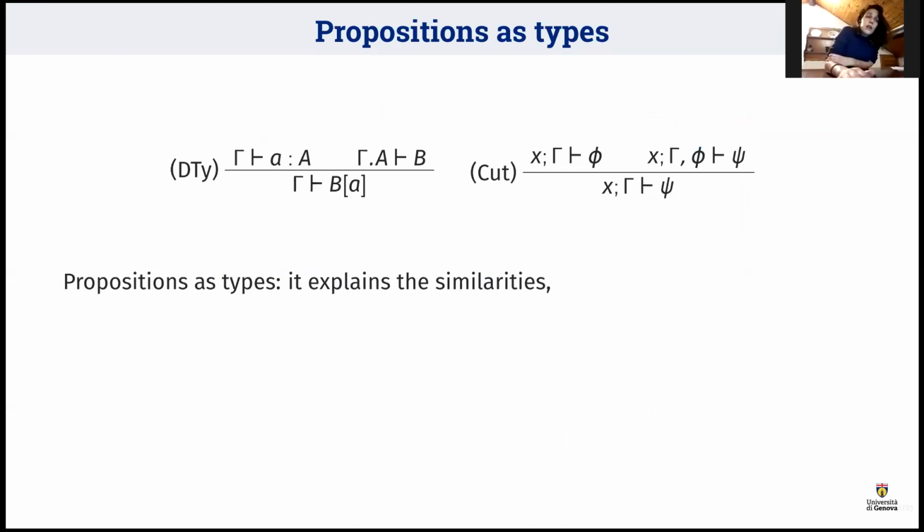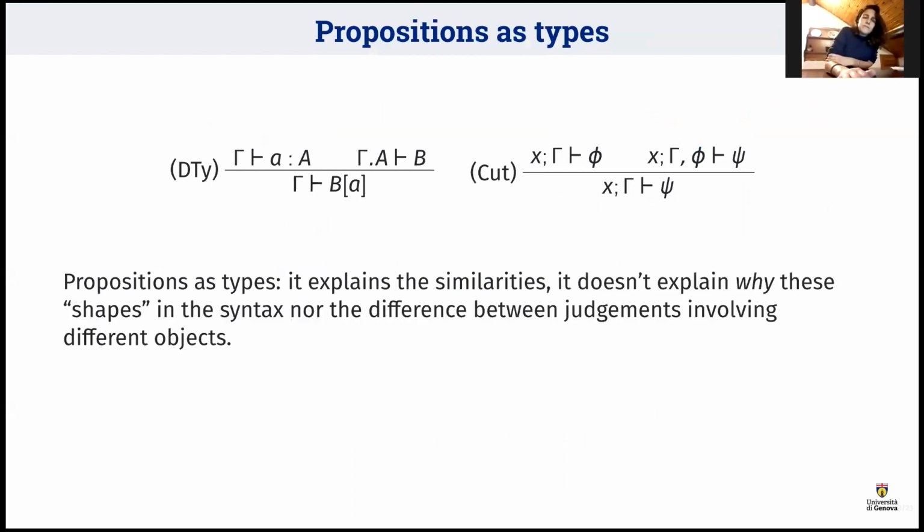But it doesn't really capture why these two rules are so similar in shape, and what this shape means. Also, how come some judgments have different kinds? For example, there are judgments about terms and types, and they predicate very different things.